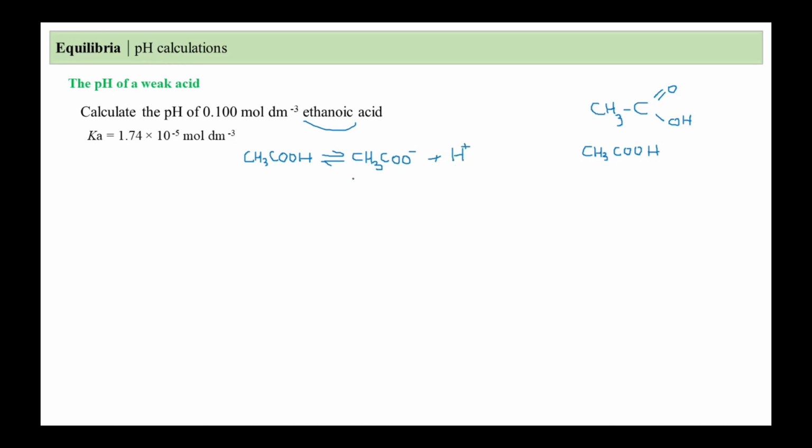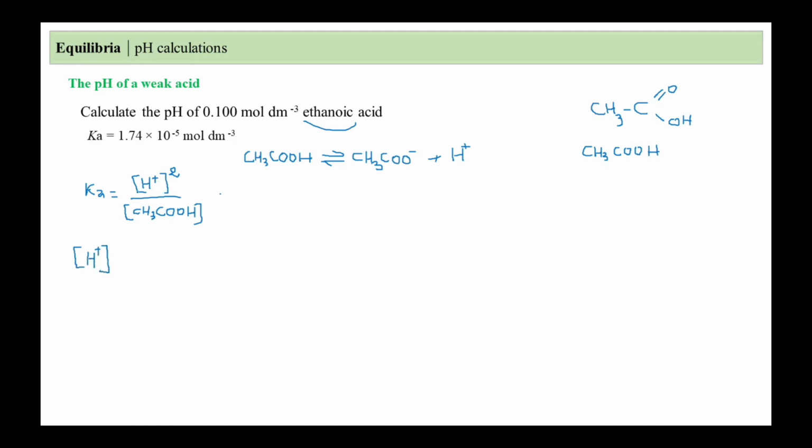From this equation, and by taking into consideration the two assumptions, we can write the equilibrium constant. Ka will then be written as the concentration of H plus ions squared over the concentration of the acid, CH3COOH. Good. Sorry, here I missed a square. Okay, the concentration of H plus squared. Now let's rearrange this equation to find the concentration of H plus ions.